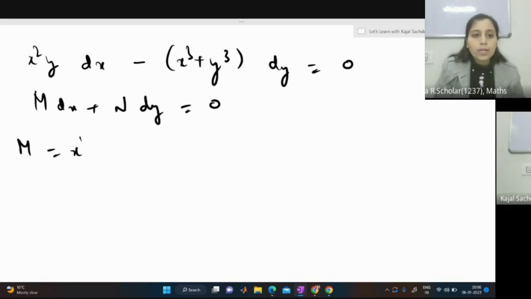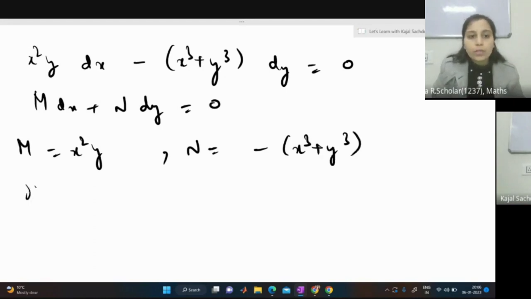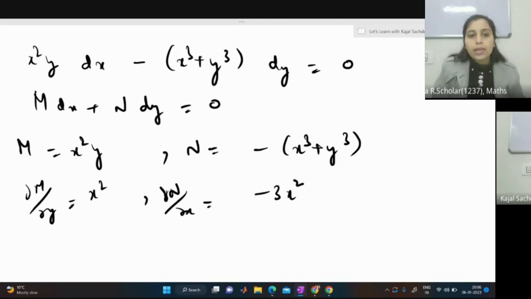Here M is equal to x²y and N is equal to −(x³ + y³). So differentiating M with respect to y and N with respect to x, we get ... −3x². Here we can see that this equation is not exact as this is not equal to this. So this is a non-exact equation.